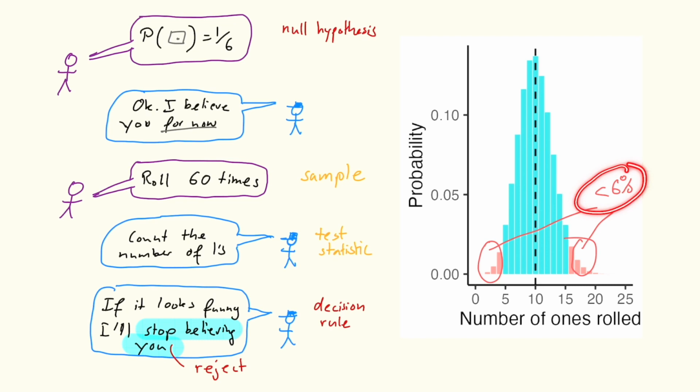There is a price for keeping this probability low, and the price is that we may not detect a cheater. For example, with this decision rule, we're not rejecting if we see 5 ones. Now 5 ones is the likeliest outcome if this probability is 1 over 12, so our friend is massively cheating.